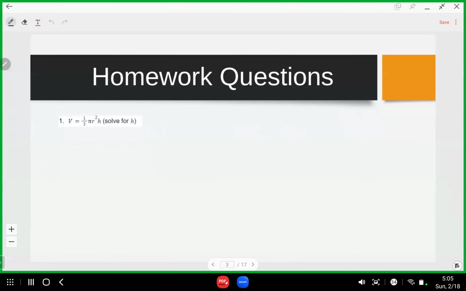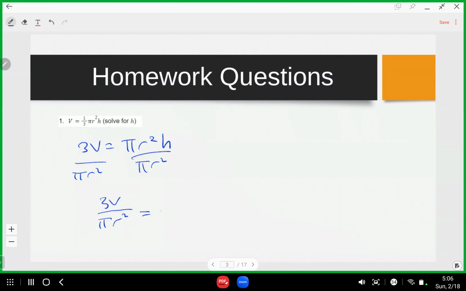So first, I multiplied 3 on both sides, so I got 3v equals pi r squared times h. Very good. And then I divided pi r squared on both sides, so I could get 3v divided by pi r squared equals h, because 1 times h equals just h. Okay, very good. So that is how you isolate the variable. Multiplying by 3 is good. Right. Okay, so next one.